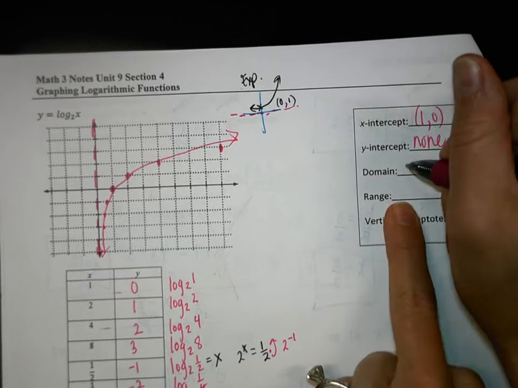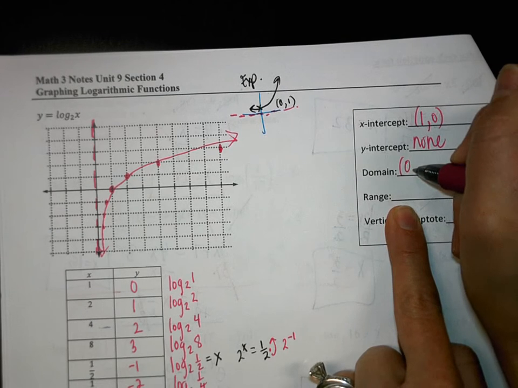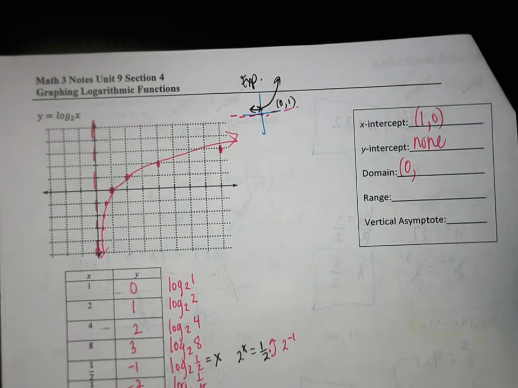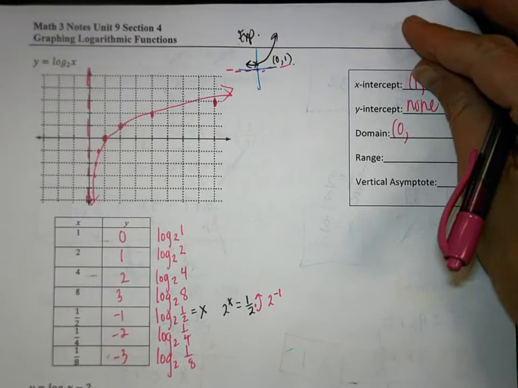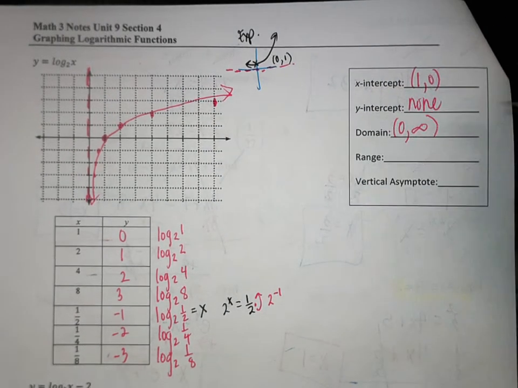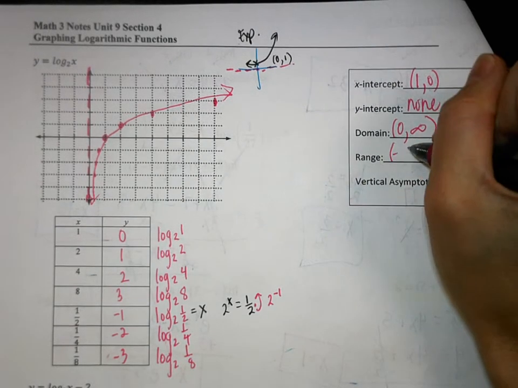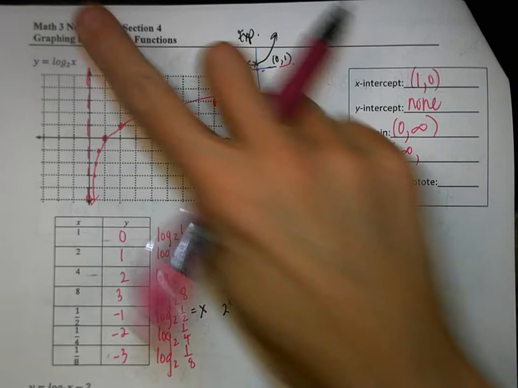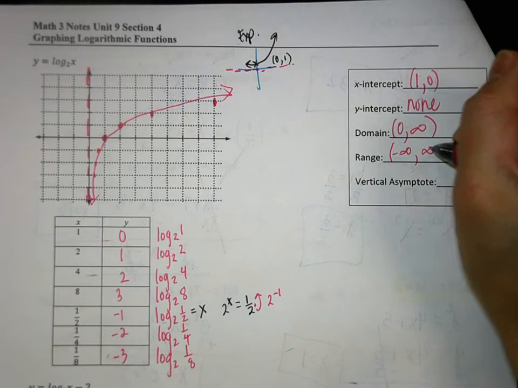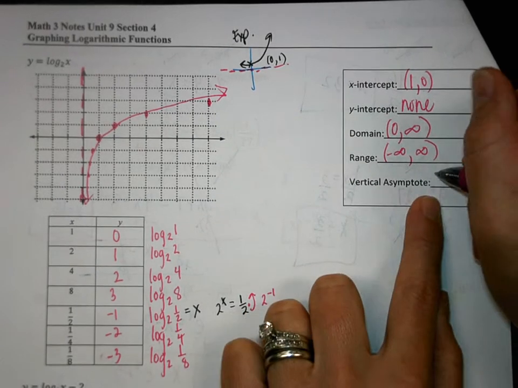Very good. It's going to be a parenthesis because it can't actually equal 0, but it's getting close to 0. So it starts at 0 for the domain, and it's going to go to what? Positive infinity. Very good. Now the range, there's an arrow down here, which means it's going to start at negative infinity, and it goes all the way up to positive infinity. And there is a vertical asymptote, which is at what? x equals 0.